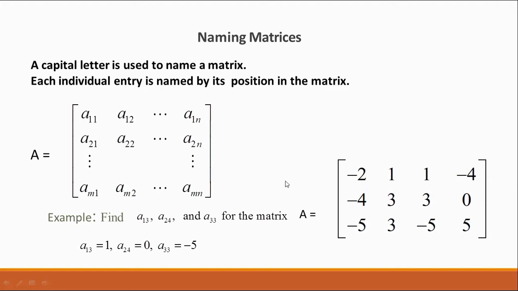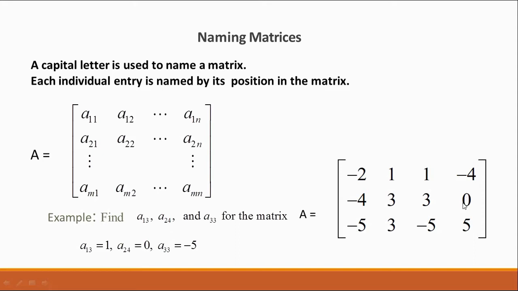For example, here you see a matrix. This is a matrix A. If we try to find the element A13, it means the element of first row and third column. This is the first row and third column. So the element of first row and third column is 1. Now A24 means the element of second row and fourth column.